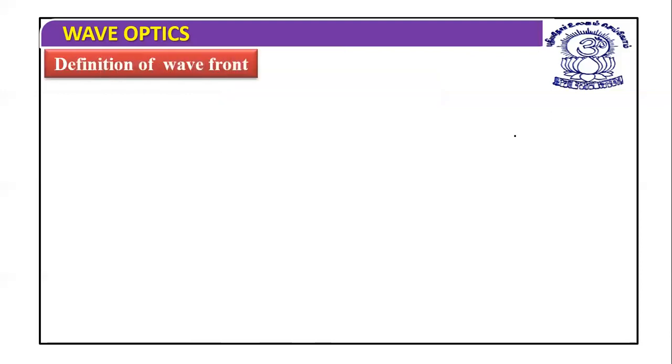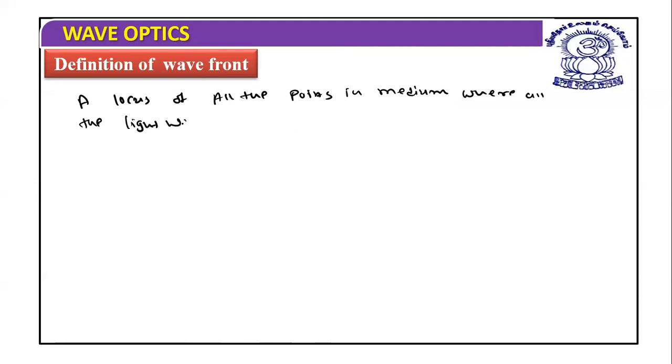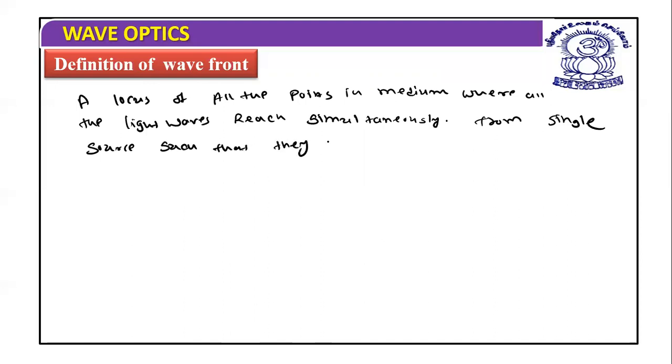So what is wavefront? It is the locus of all the points in a medium where all the light waves reach simultaneously from a single source, such that they vibrate in the same phase.